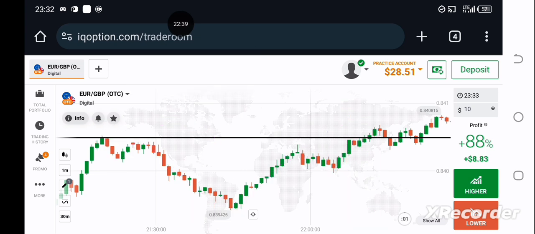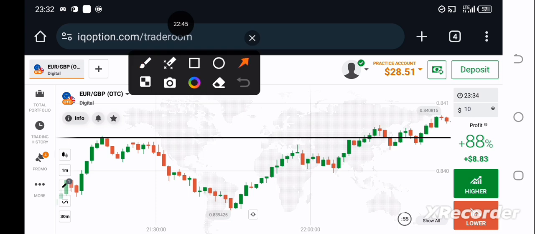But upon reaching that area, every trader uses what we call a stop loss.